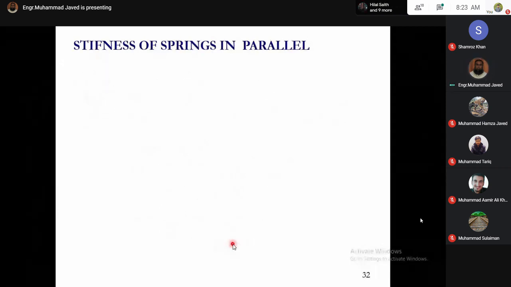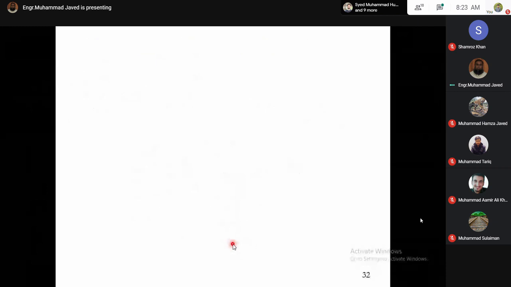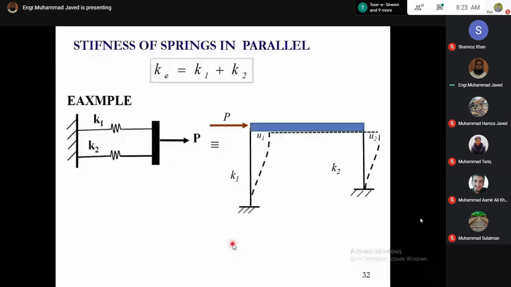Now what is the practical application of springs in parallel? Here a single story, single bay frame is given.